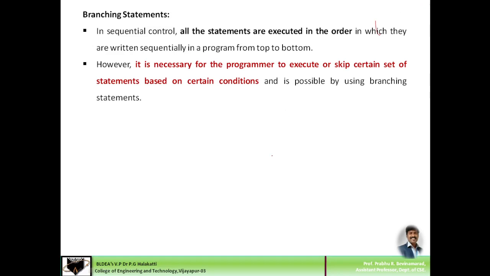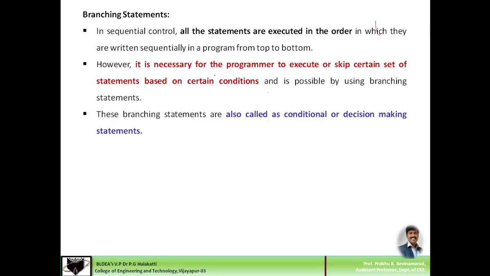So just now what I have discussed here: if the condition is true, then certain steps will be executed. Otherwise, some other set of statements will be executed. So conditional branching statements are also called decision making statements. Okay, so this is regarding the branching statements definition.